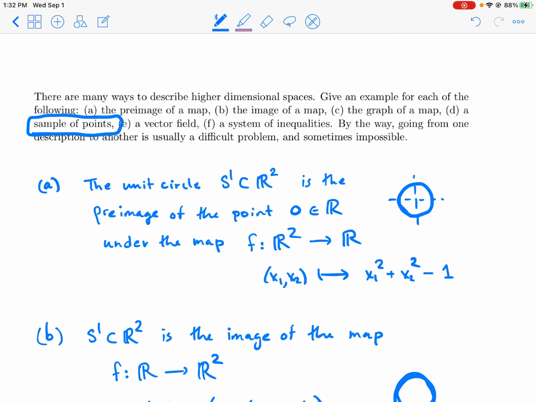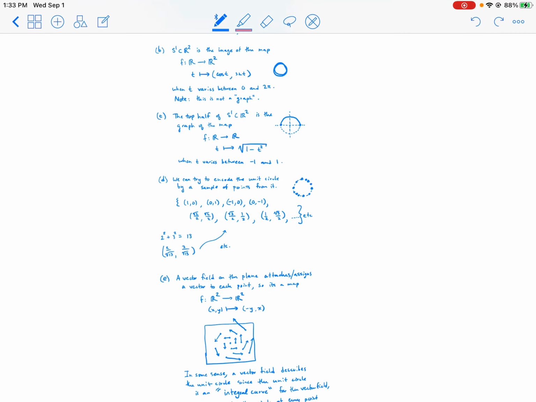For example, if you're looking at house prices, you might have the square footage of the house, the xy coordinates of the house, like longitude, latitude coordinates, essentially where the house is located. That already is 3 numbers. You might also have the number of bedrooms. That's a 4th number. So each house gives you 4 numbers. So if you look at 100 houses, that means 100 points, and they're arranged in R^4, and you can look at their geometry. Anyway, so a sample of points.